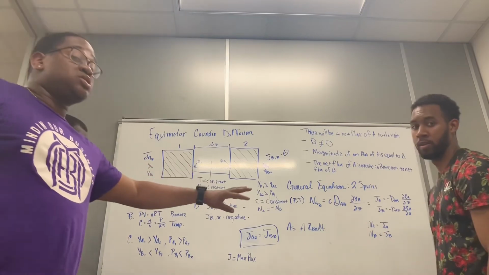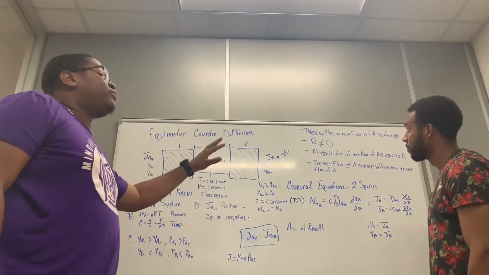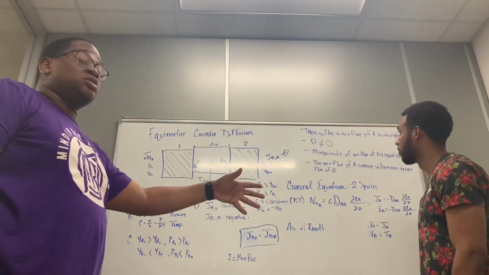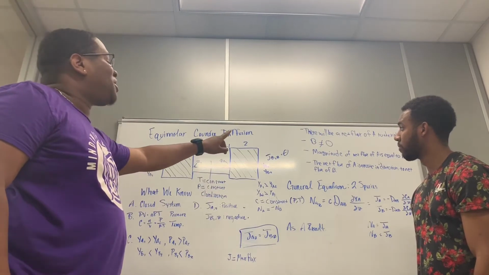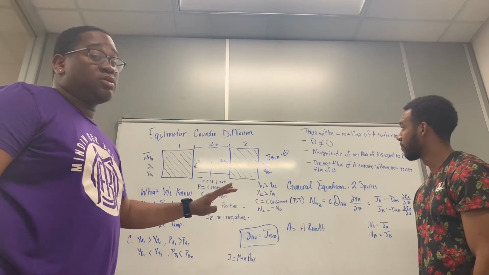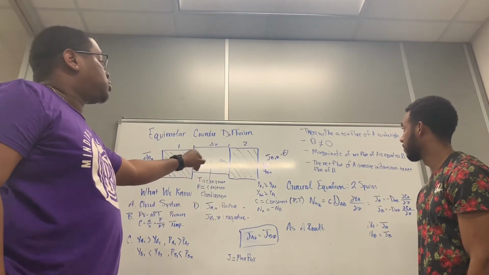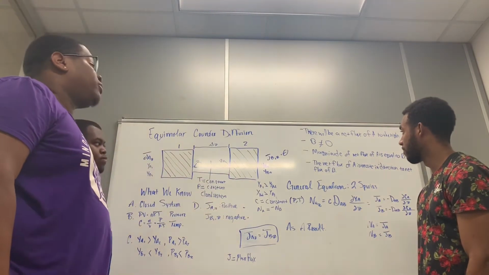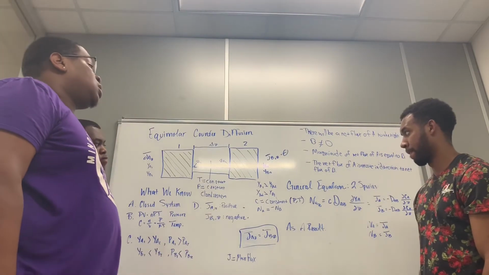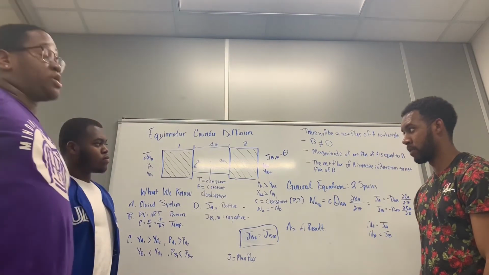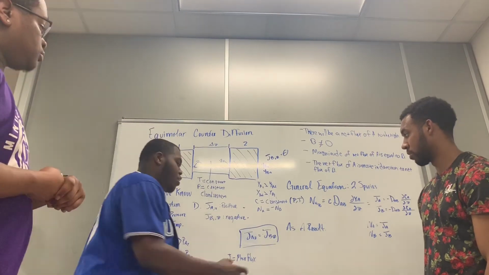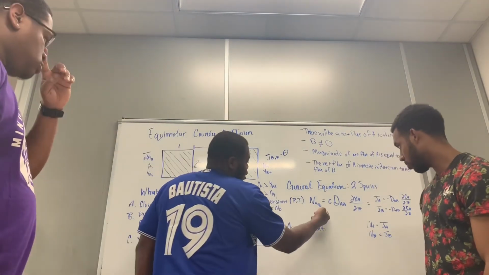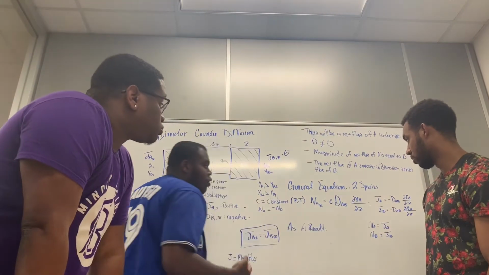For our assumptions, there will be a net flux of A to the right, as Nick said, and the magnitude of the net flux of A is equal to that of B, and the net flux of A is opposite in direction to the net flux of B. I also want to reiterate that this could be the exact opposite and the equation will still work.